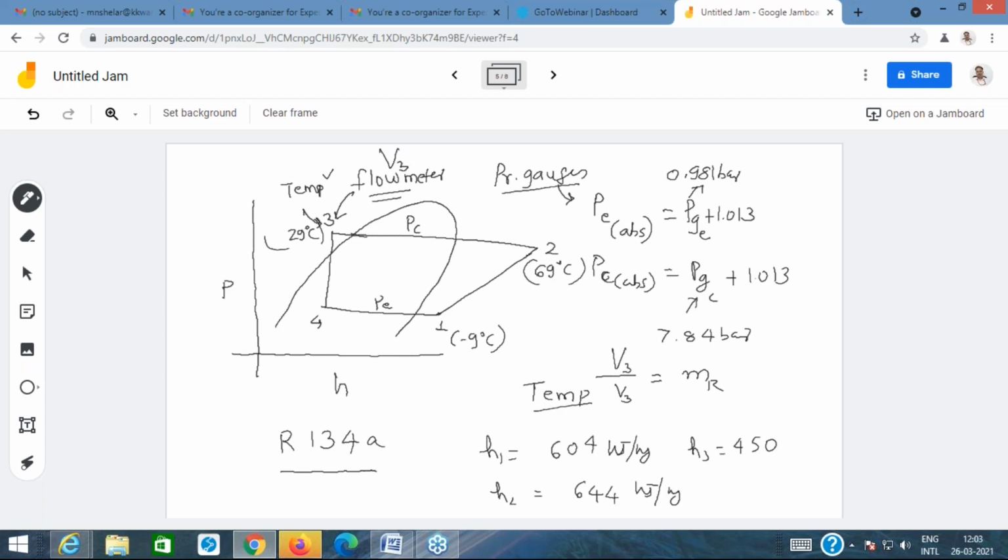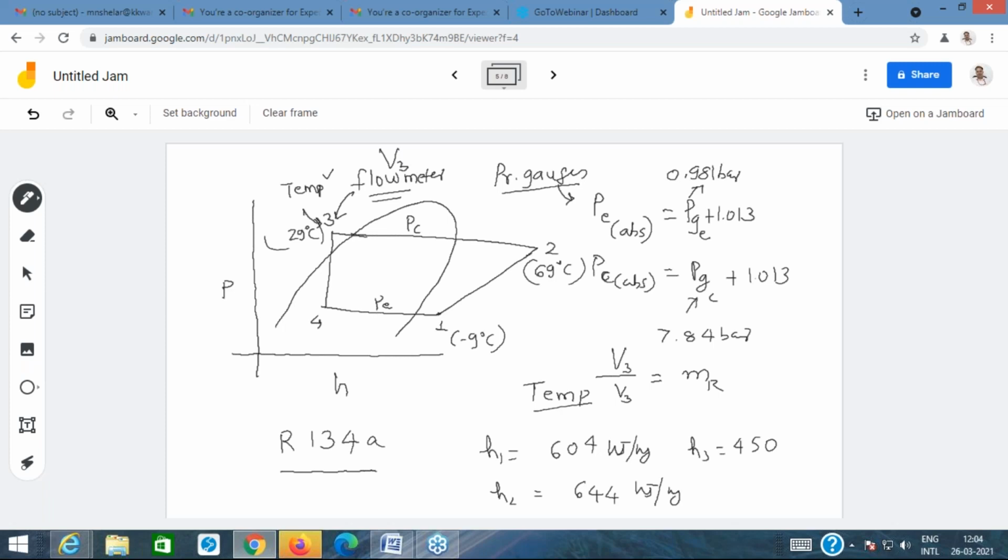Last point, somebody would ask you what is the capacity of the plant, and commercial people would say forget about the coefficient of performance, we are interested in knowing how much is the capacity of the plant. Capacity of the ice plant in commercial terms is expressed in how many tons of ice the plant can produce per day.